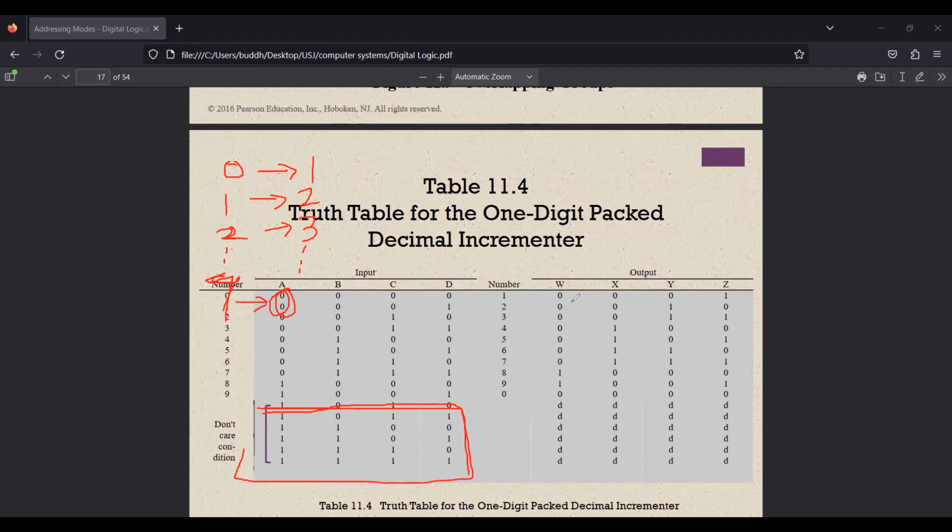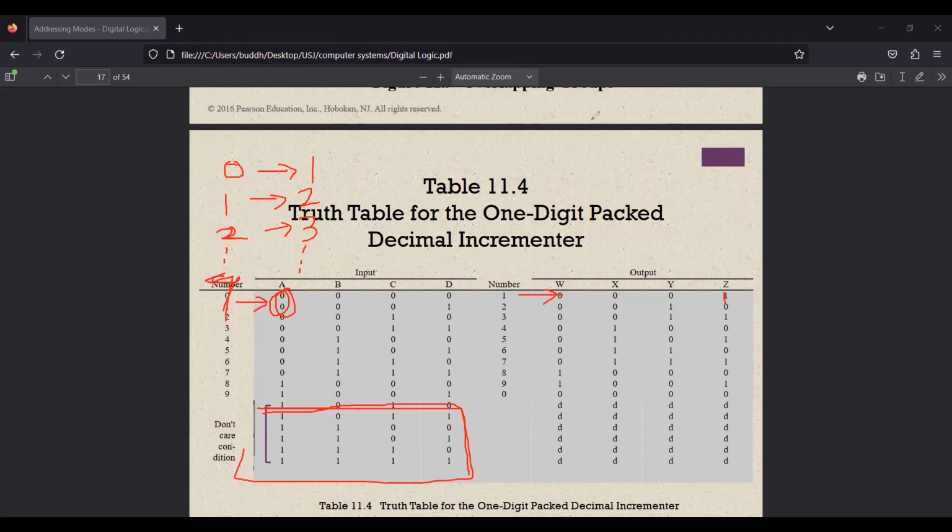And the output also has 4 outputs, W, X, Y, Z. So if it is 0, it should represent number 1. So this is number 1. 0, 0, 0, 1 is number 1. Right?